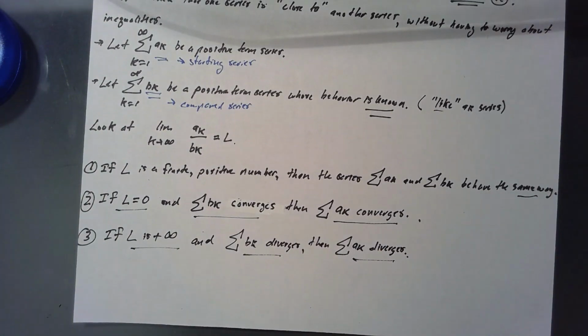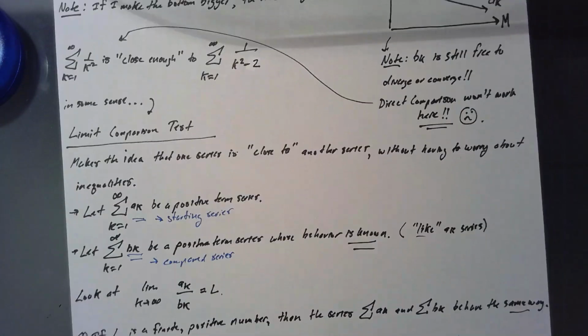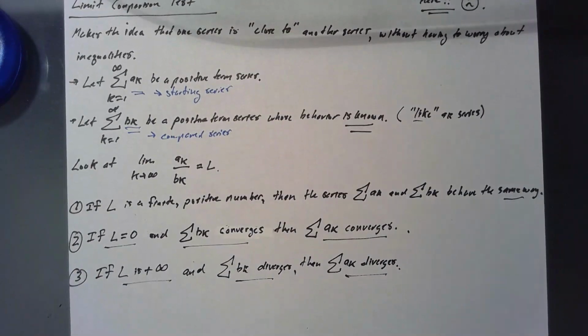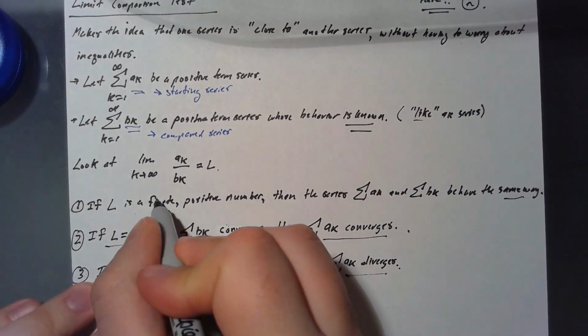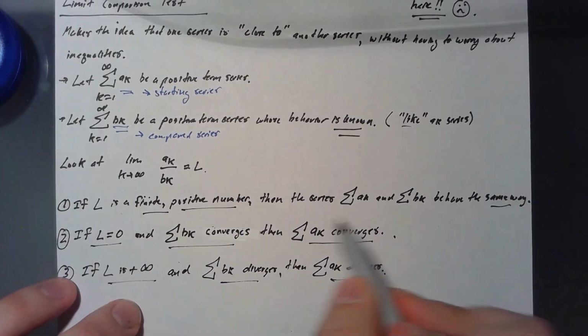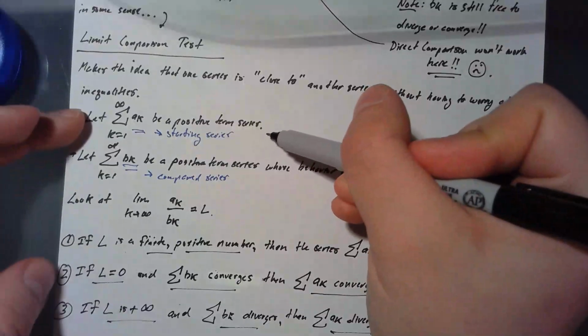All right, so it seems like a lot of information in the limit comparison test, but you only have really three cases. So here's the series I started with.